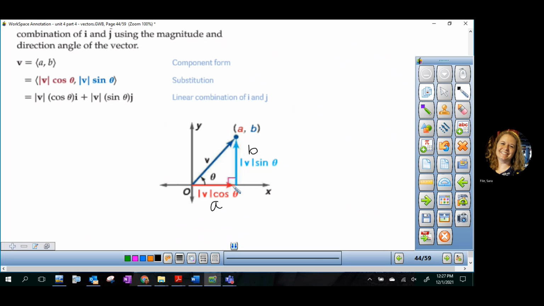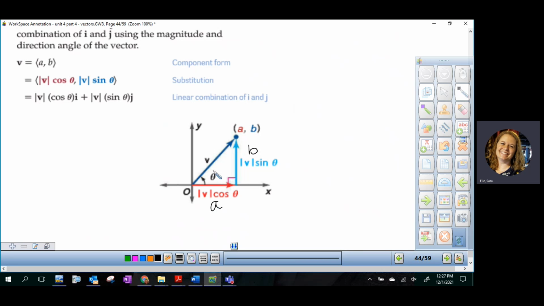Okay. Right triangle trig tells us that from theta, this is opposite, this is adjacent, and this is hypotenuse, right? So in component form, this is A and this is B, and the magnitude of vector V is the hypotenuse.